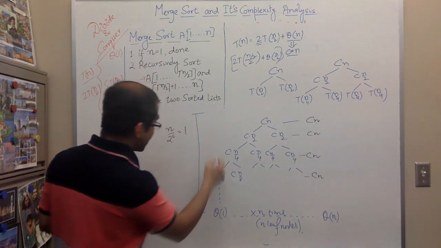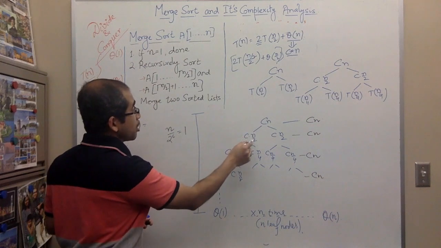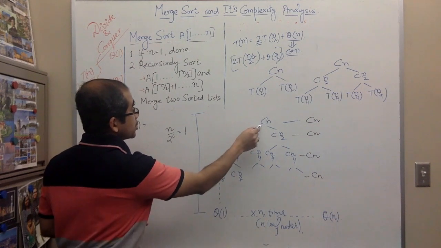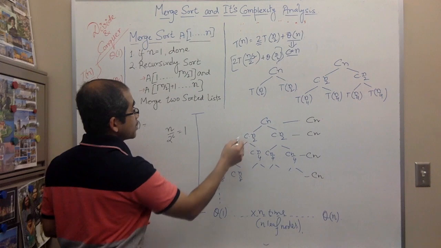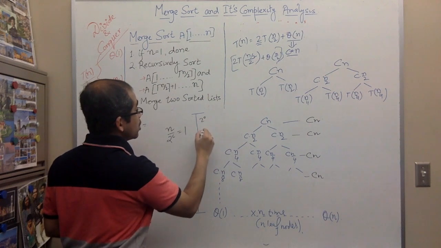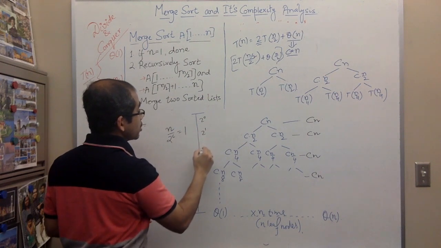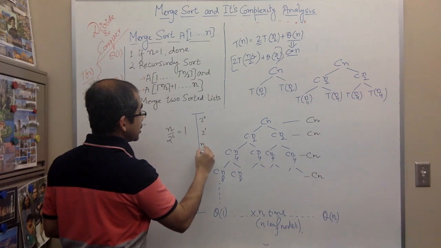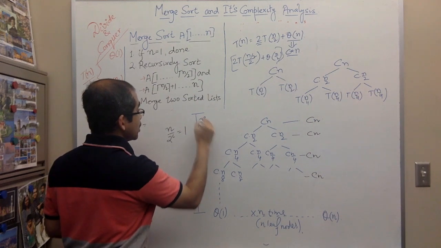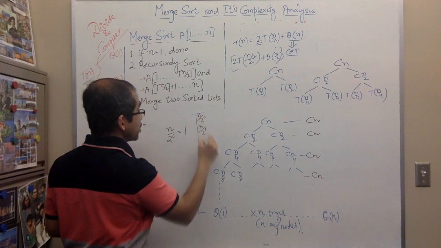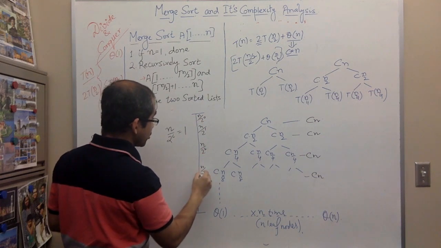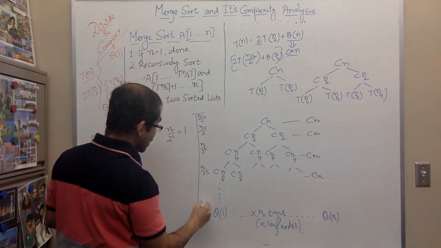At the 0th level it is 2 to the power 0, first level 2 to the power 1, then 2 to the power 2. In that way it goes: n by 2 to the power 0, n by 2 to the power 1, n by 2 to the power 2, n by 2 to the power 3.